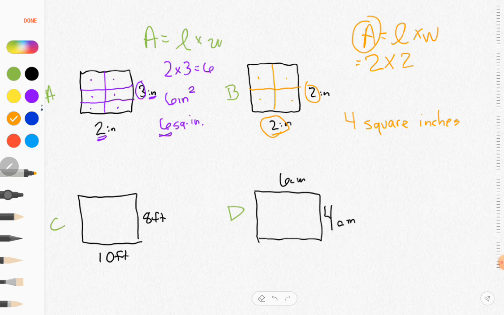Since I put the area over here, let's put the answer over there. So 2 times 2 equals 4. That's the same thing we got from counting them up, isn't it? So we have 4 square inches, or 4 inches squared.